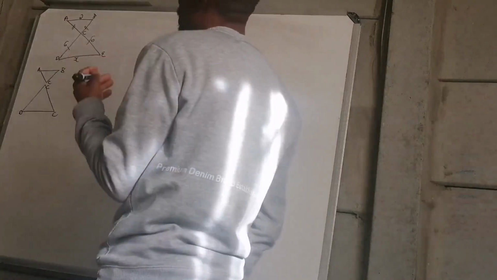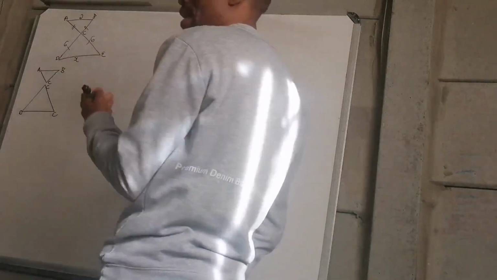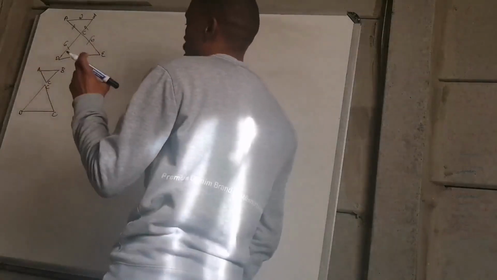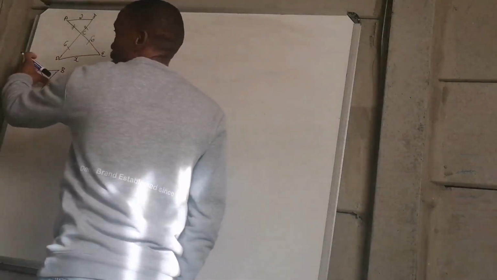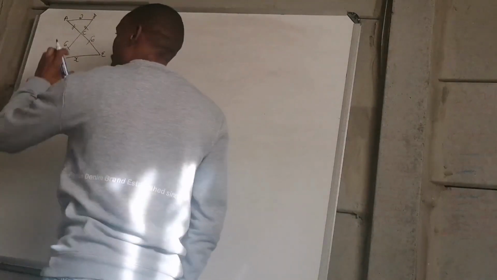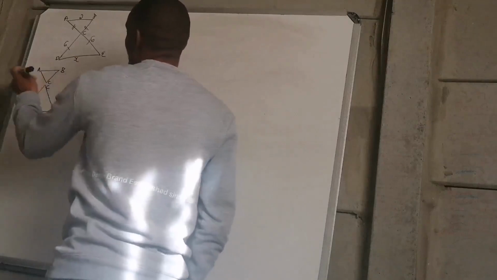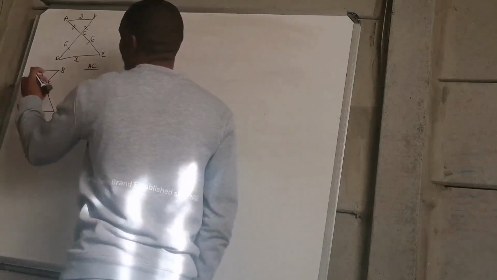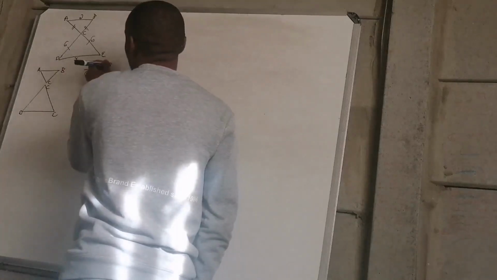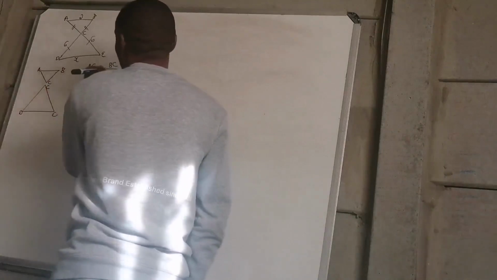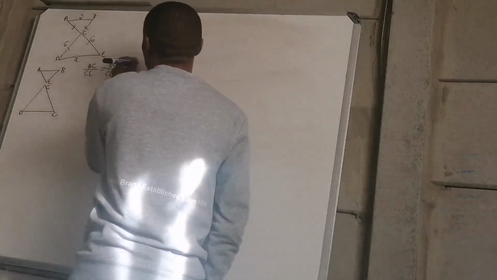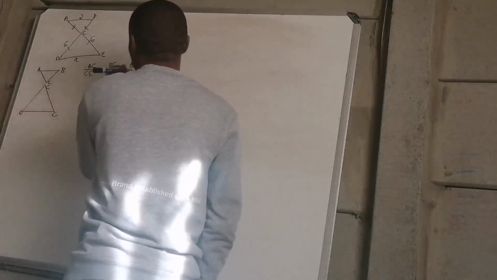Now, how do we find the value of x if those two triangles are similar to one another? We are saying that the ratio of sides are the same. So we are saying that AC divided by CE, BC divided by CD, AB divided by DE.